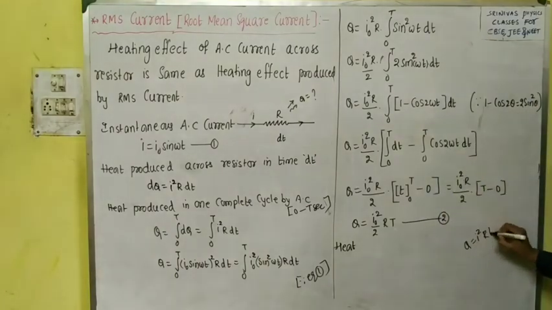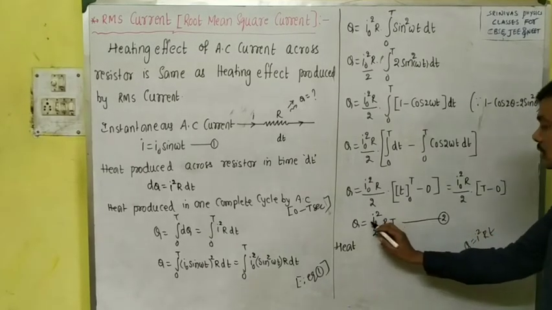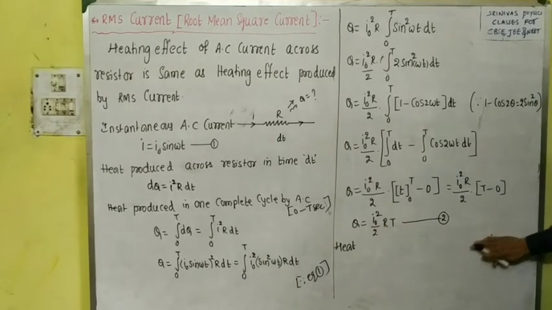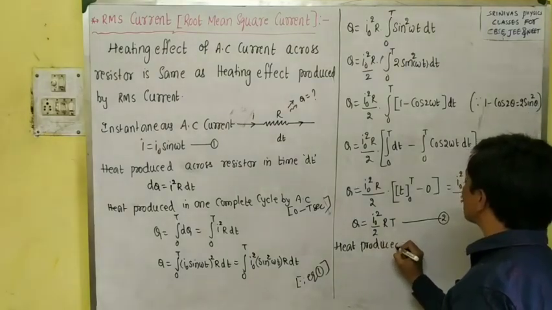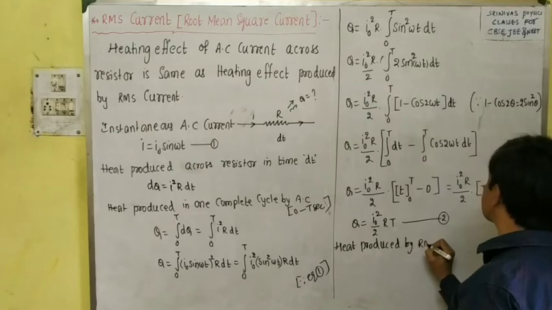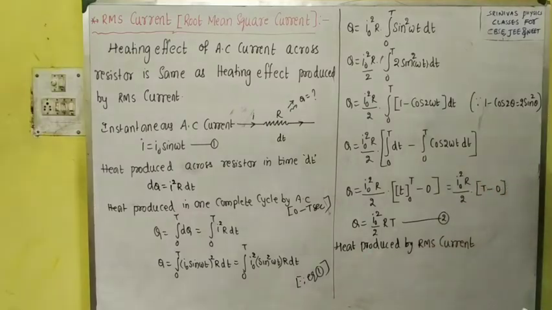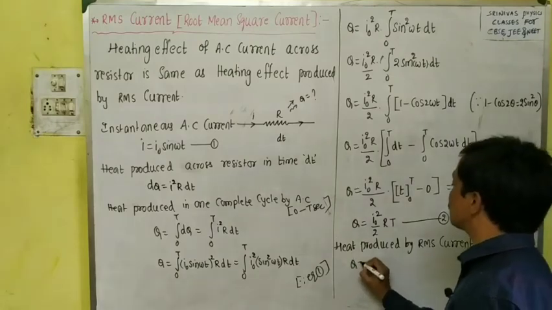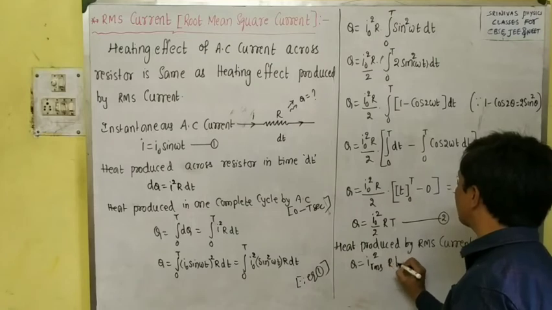If you want to take the equivalent current for AC, we take it as IRMS. Then heat produced by RMS current we take as Q is equal to IRMS square into RT.